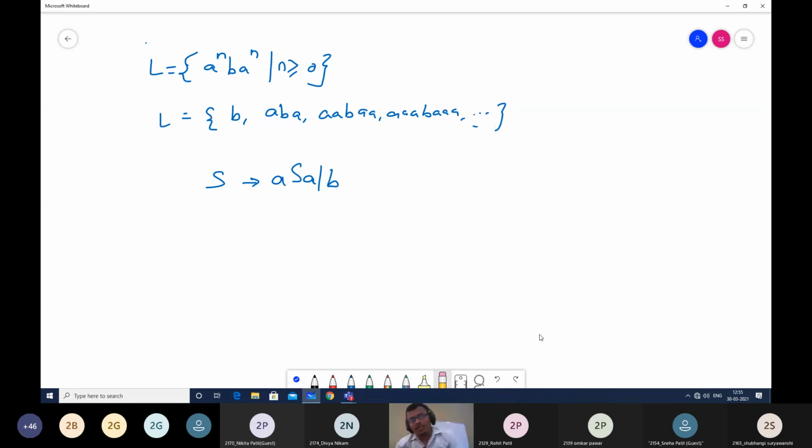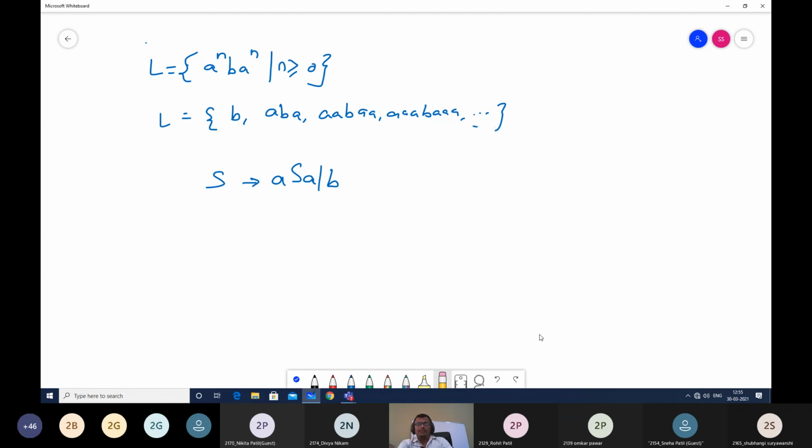Now I don't need another new non-terminal. In the earlier example, n was greater than or equal to 1, so we had to process that one A compulsorily. That's why I took one more non-terminal. And then there I repeated a pattern of repeating A again and finishing it with B. But now when my n is greater than or equal to 0, I can directly terminate my recursion in the same non-terminal only.